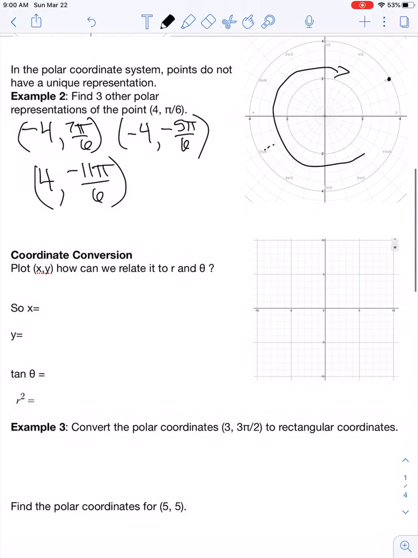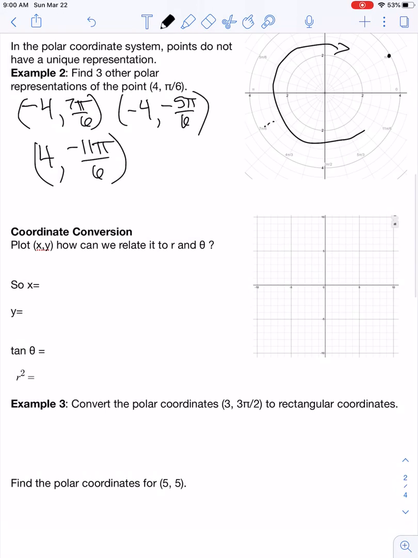All right, so how do we take a rectangular coordinate and make it polar? Well, let's look at a rectangular coordinate. We'll call it x, y. x represents what as far as the angle goes?